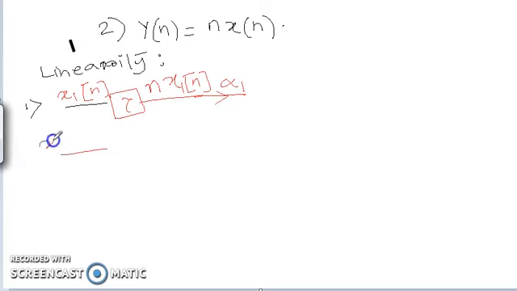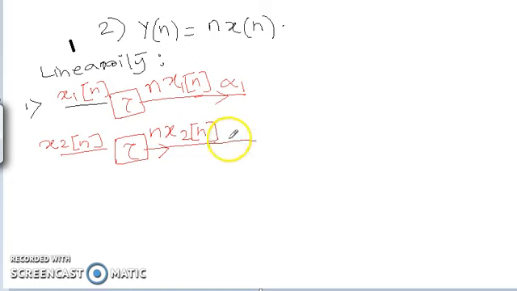Similarly, we take the second input and feed it to the same system, and we get n x2[n], which we scale with a factor alpha 2.